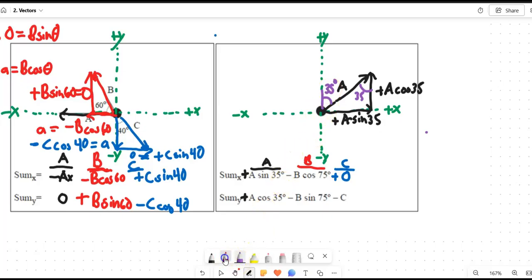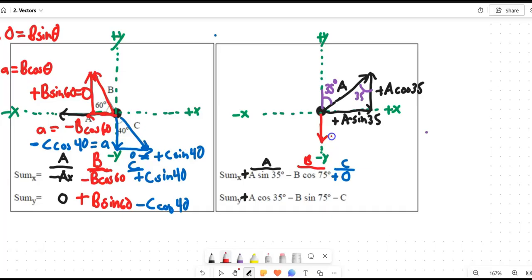All right. Let's try B. And in this case, let's start with the vertical portion. That B vector, the vertical portion, is negative B sine of 75 degrees. We know that B vector is negative, so it's got to be pointed down.